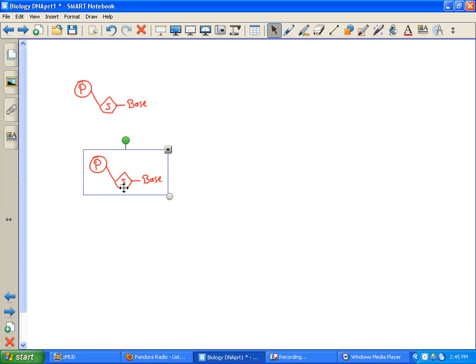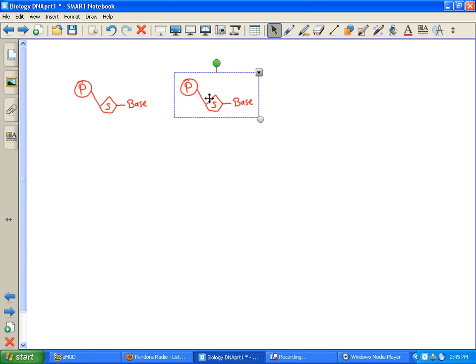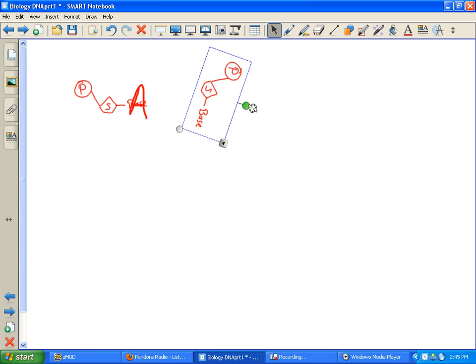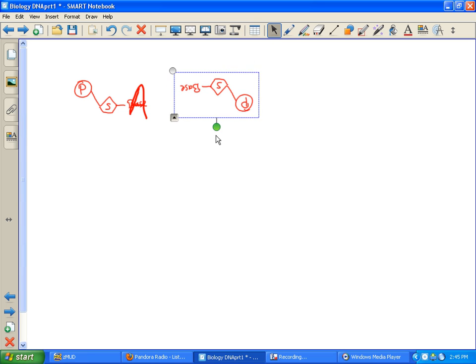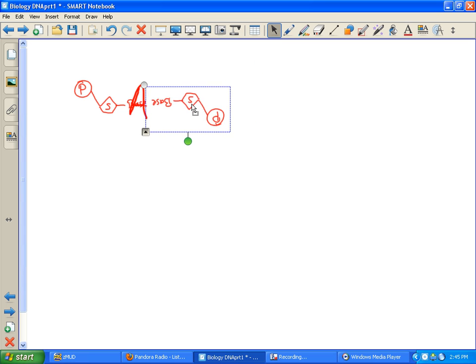Well, if this was an A, then the base that would stick to it, we'd have to flip this upside down for the bases to be together. And if that was an A, then this would be a T. Now, I'm not going to write the T upside down just because that would be a little confusing.